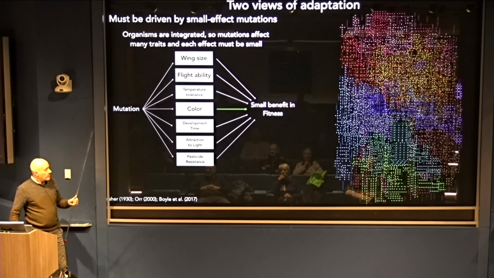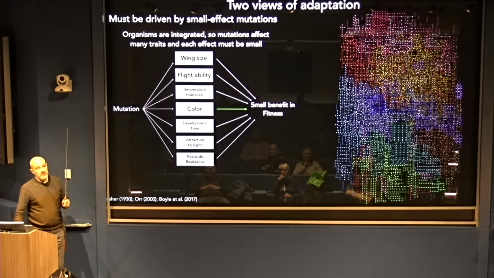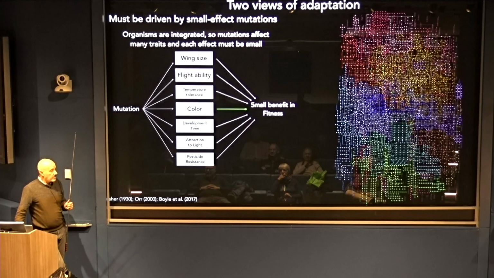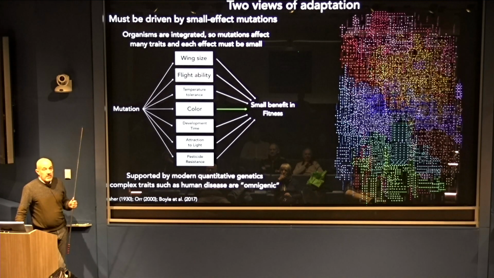That they happen to move the colony in the right direction and did not affect many other traits in a detrimental direction. So that is a view that's currently prevalent, and in many ways it is supported by modern quantitative genetics and the so-called omnigenic models that suggest that every mutation affects every trait.